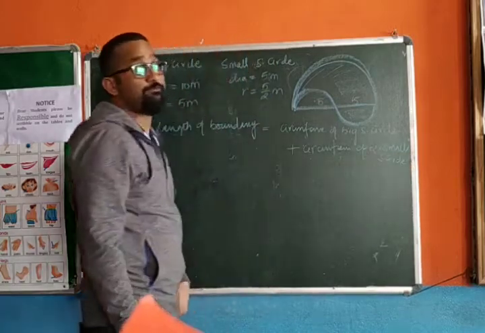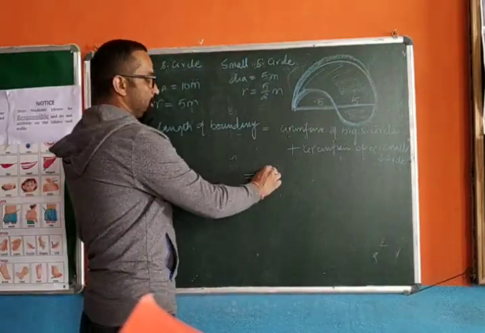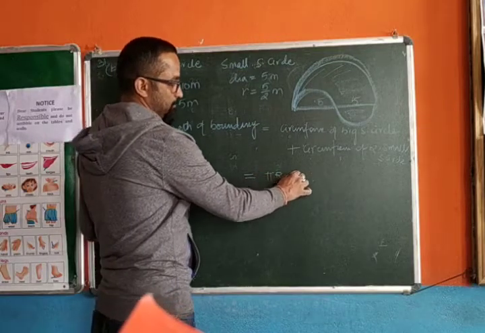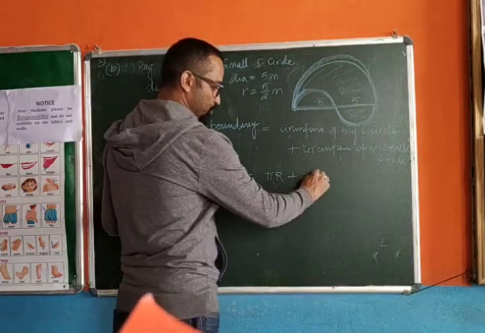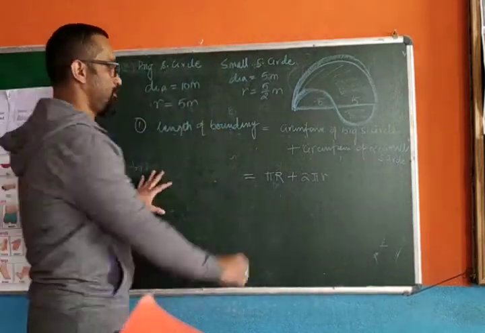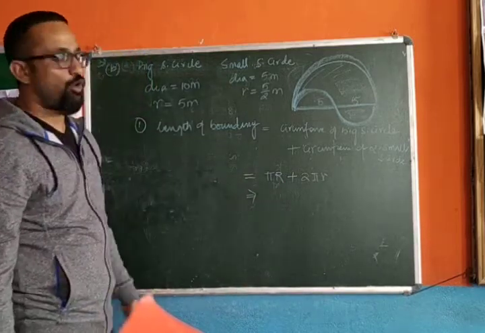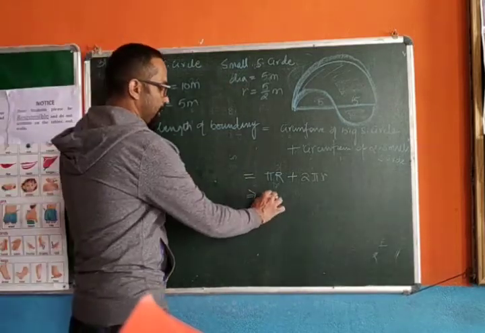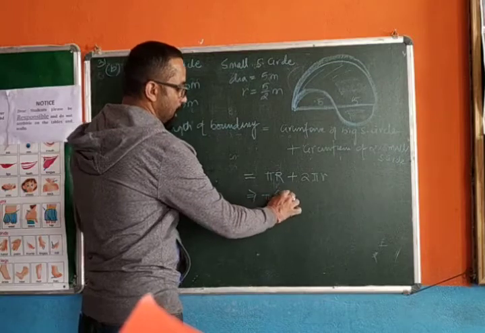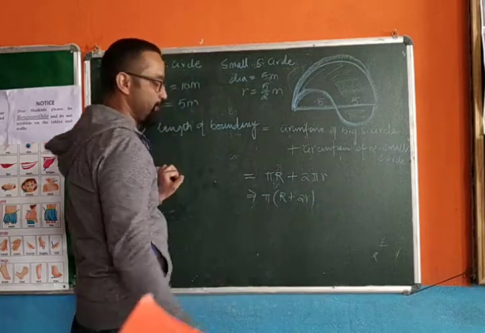Now write down the formula. Circumference of big one is pi capital R plus 2 pi small r because they are equal. Simplify this, or you can take pi common and calculate. Take pi common, capital R plus 2r will be much easier.